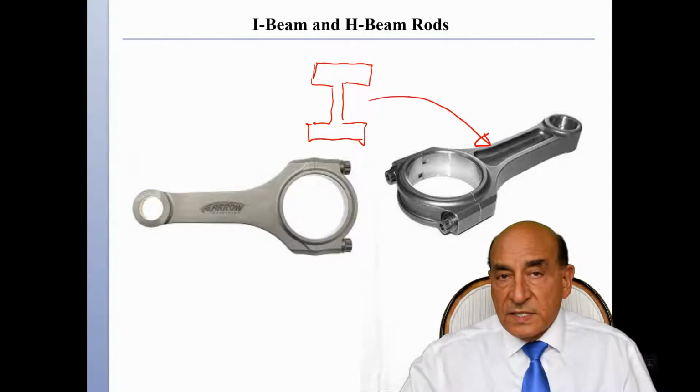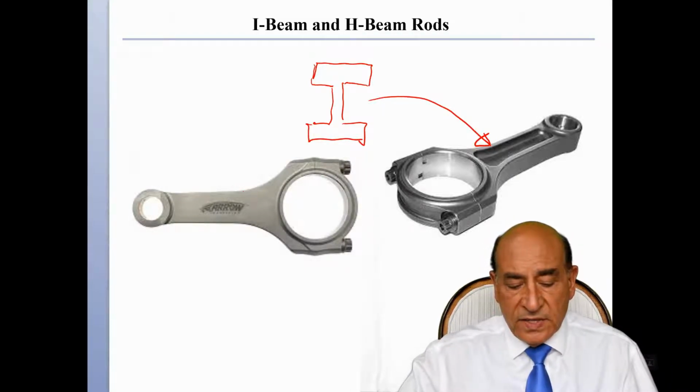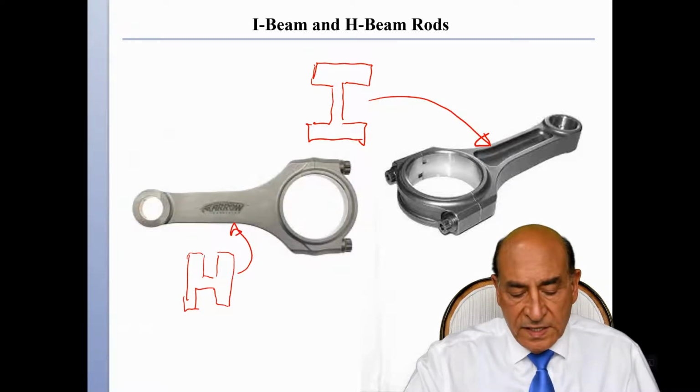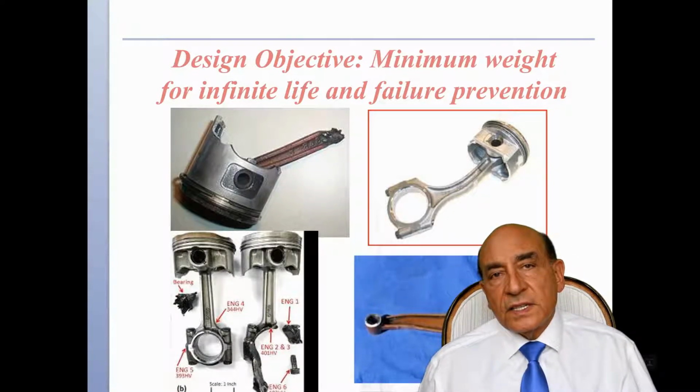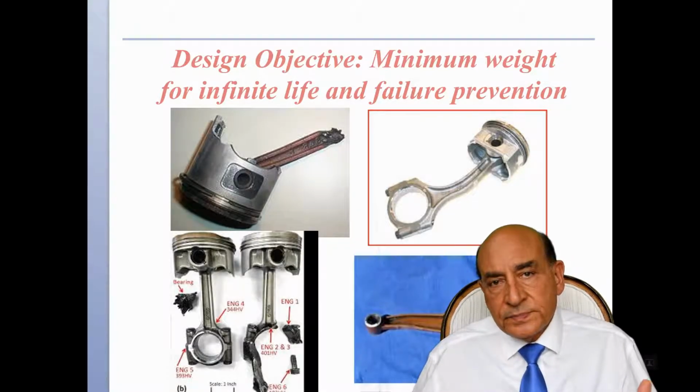There's another possibility that you'll find in many connecting rods, an H-beam, which just looks like an H, and the cross-section is shown here. So again, the idea is to reduce the weight by carving out some part of it and hope for the best.